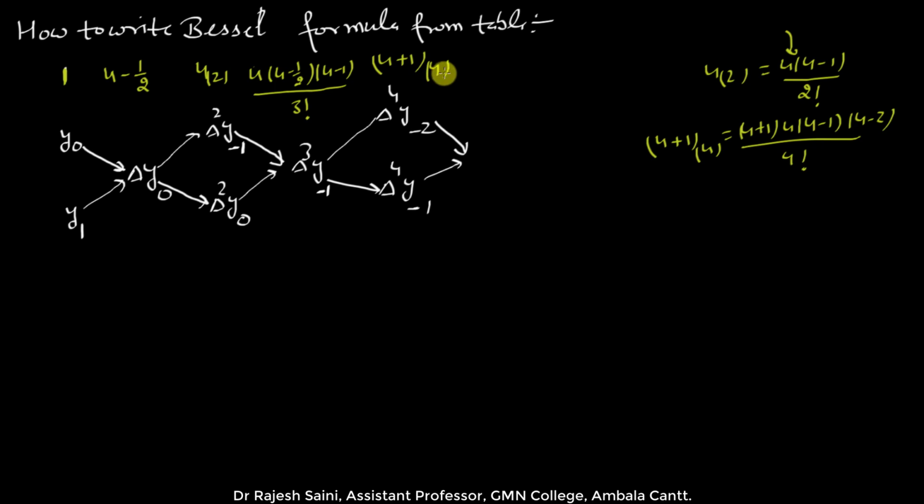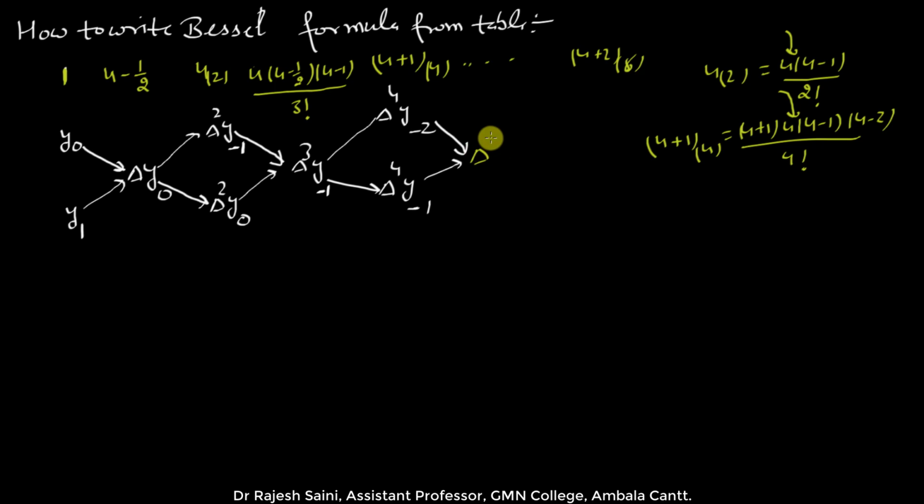And next coefficient will be, you will insert u minus 1 by 2 here and divided by 5 factorial, and next will be u plus 2 and it will be 6. Fine, and something like that you will keep on going.